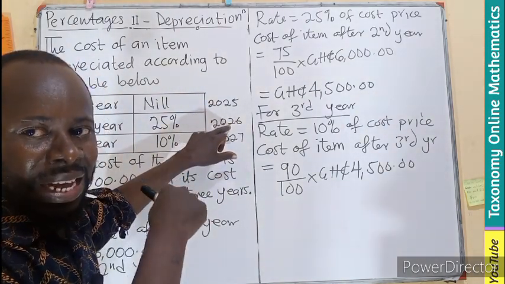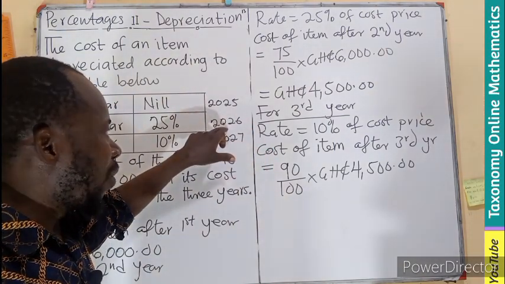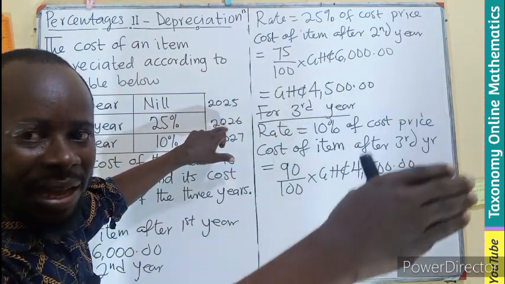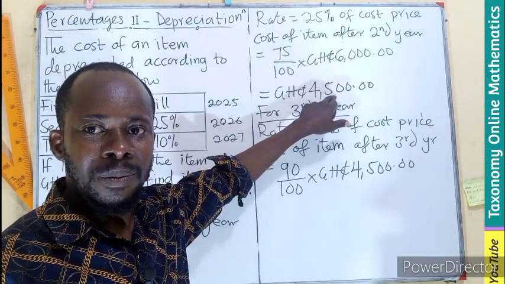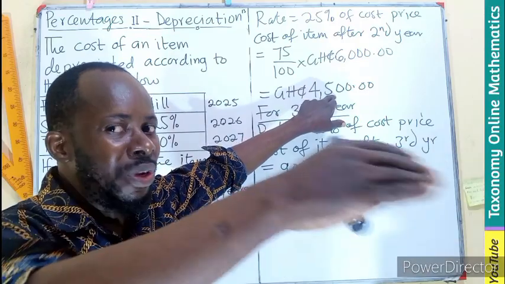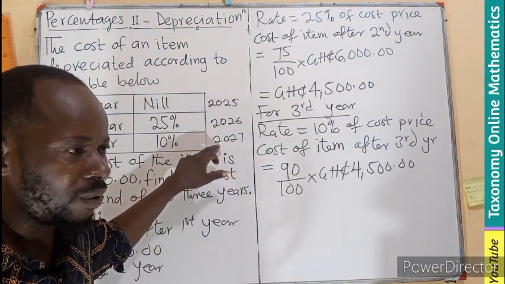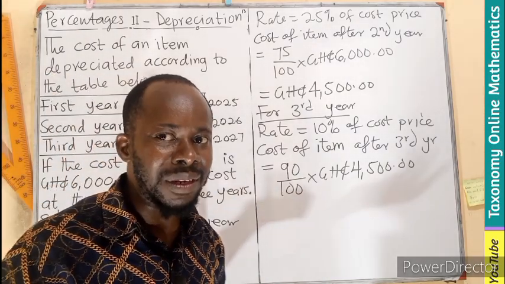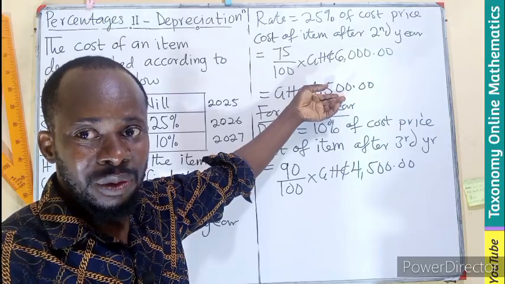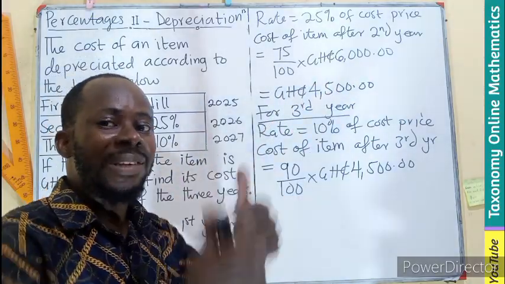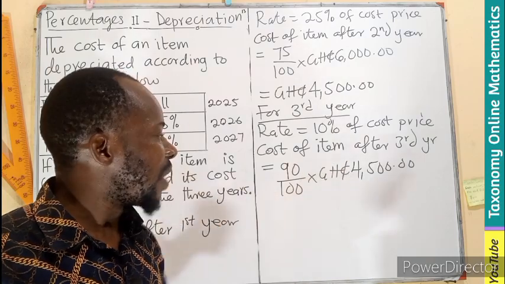The value here will still be 6,000, but at the end of December, the value is going to depreciate 25% and get back to this. So we have ended the year 2026, entering 2027. At that point, we have no value at 6,000. We are working with the market value, which is 4,500. So the machine will depreciate 10% of that value, which is why we are using the 4,500.